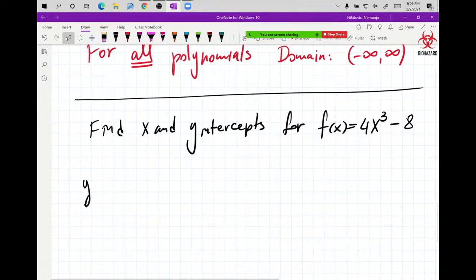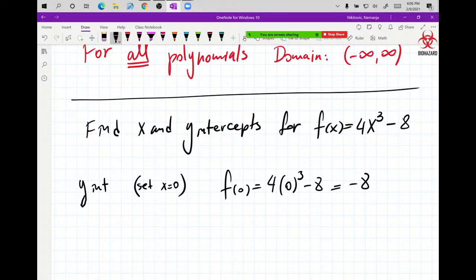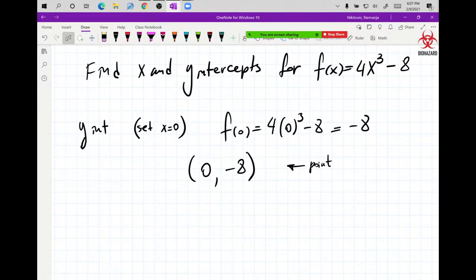The y-intercept is easy, because we set x equal to 0. That's just f of 0, which is 4 times 0 cubed minus 8, which is negative 8. Since you set x equal to 0, your coordinate is 0, and f of 0, the y value, gives you negative 8. That's a point which you graph on the graph paper as your y-intercept.